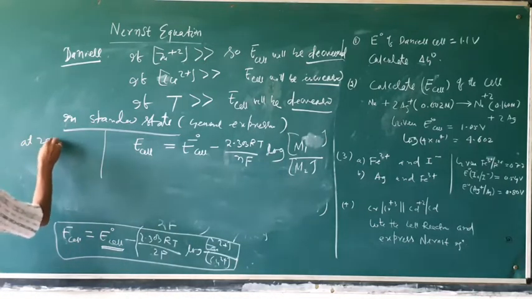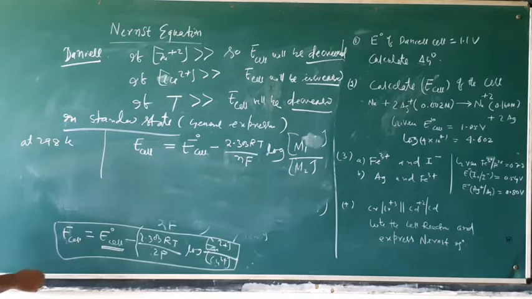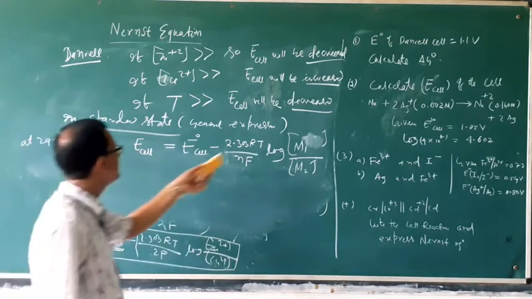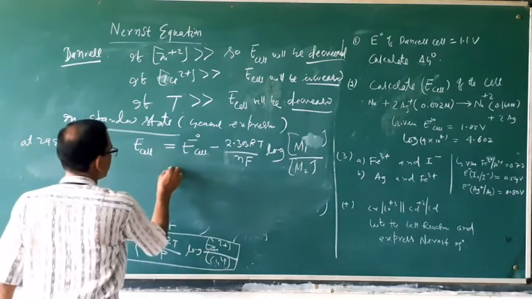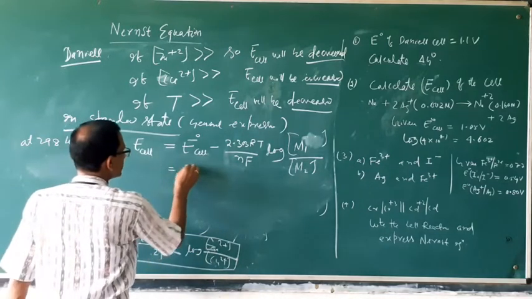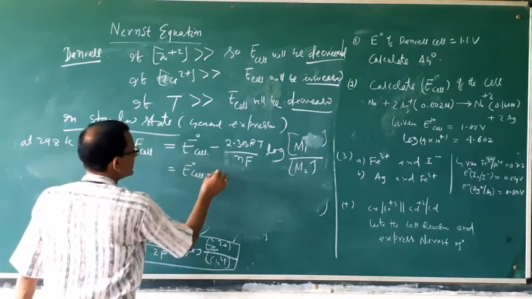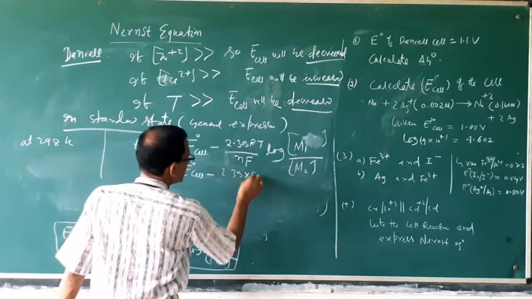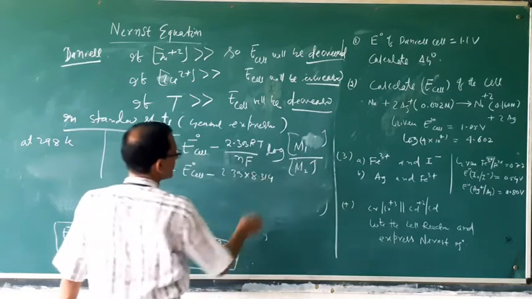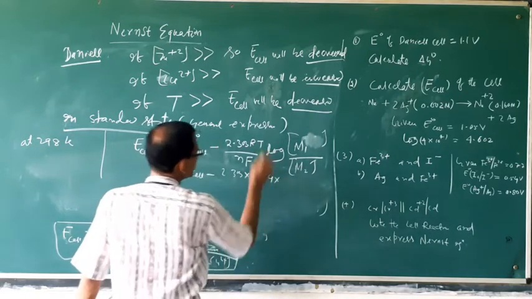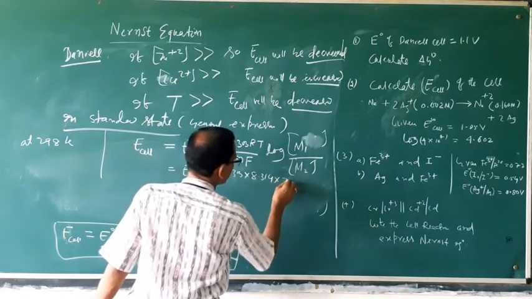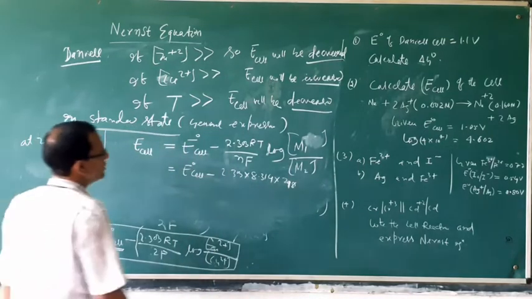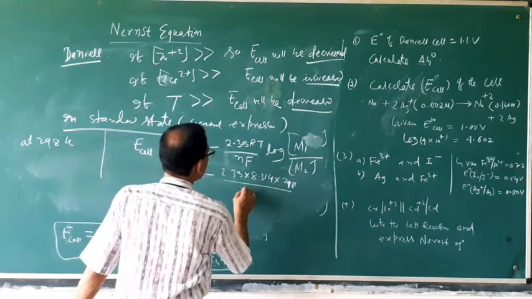What is the meaning of standard state? At 298 K, E cell will be E naught cell minus 2.303, R value is 8.314 and T value is 298 because 298 is the standard state, 298 by nF.